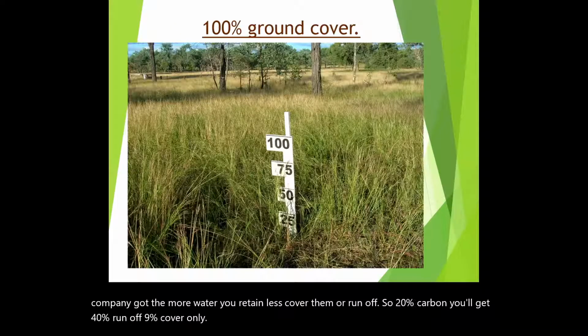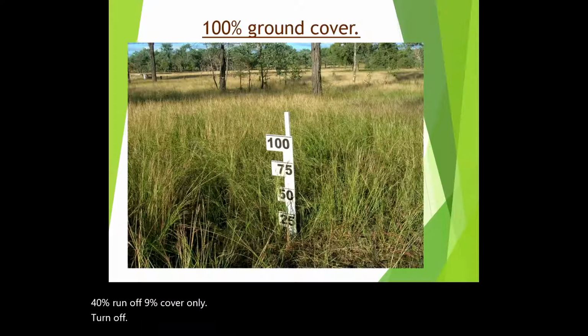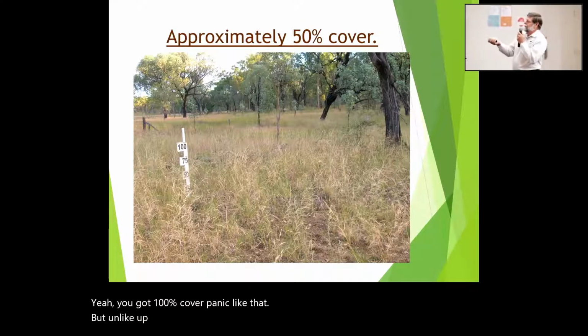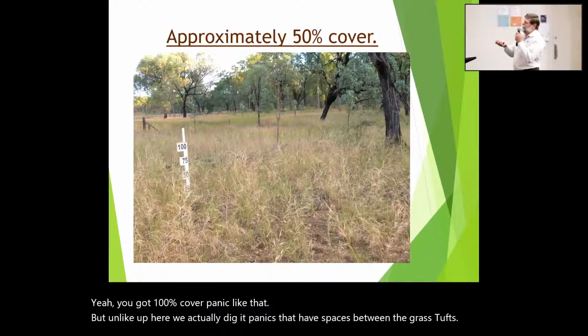So that makes sense. And what does that look like? I've got some pictures too, Jim. We all came from the same paddock, nearly. This is speargrass down in the Burnett. You get 100% cover on a paddock like that. But unlike up here, we actually do get paddocks that have spaces between the grass tufts. So you're getting about 50% cover there.